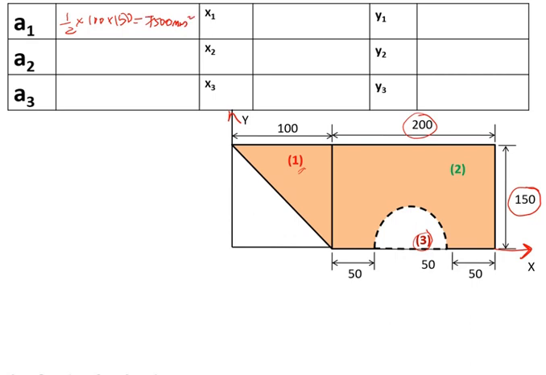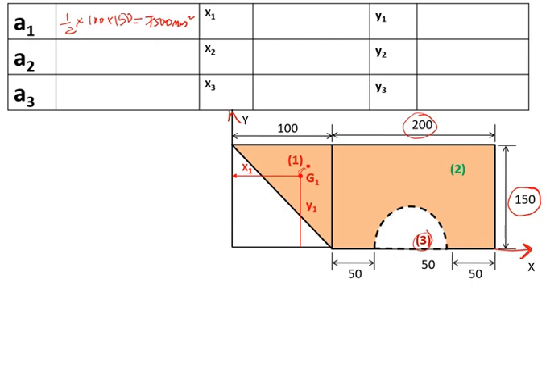And x1 is the distance from the y-axis to the centroidal distance of this right triangle. So I know the centroid is somewhere here. So x1 is this distance. So I'll get this y1 distance as this one and x1 distance as this one.